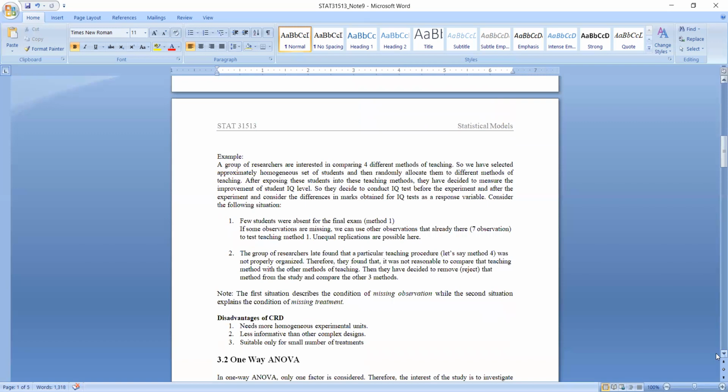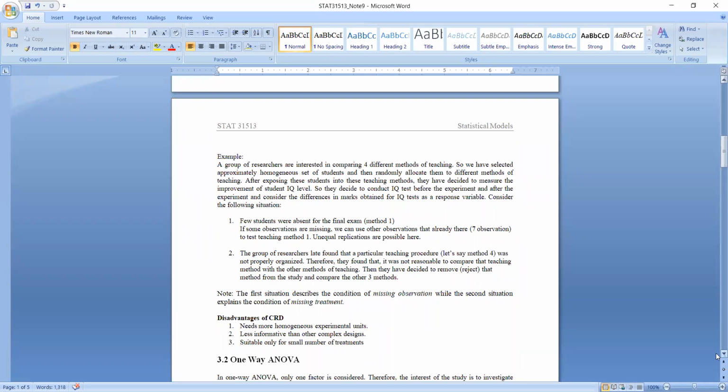So if you look at this example, it says a group of researchers are interested in comparing 4 different methods of teaching. So we have selected an approximately homogeneous set of students and then randomly allocate them to different methods of teaching.